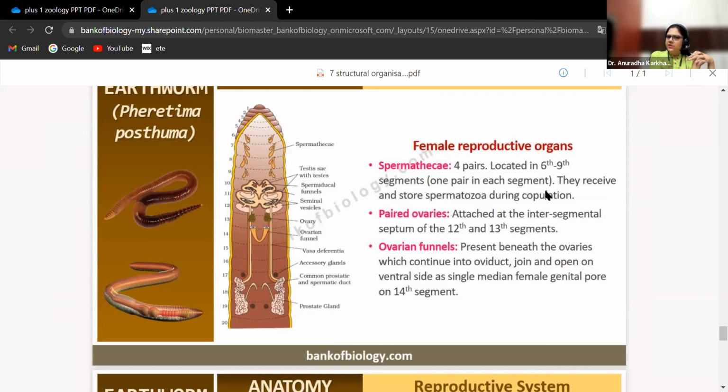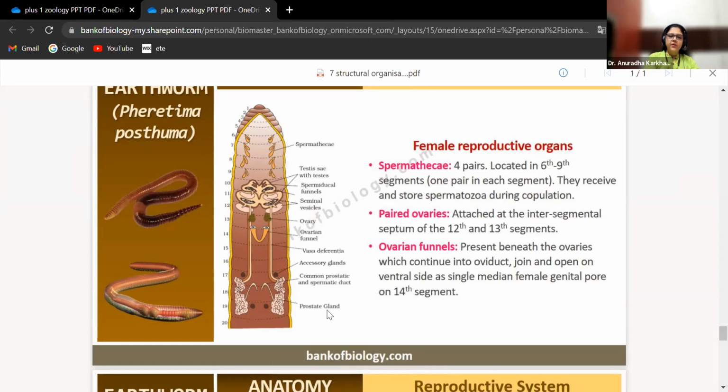Paired ovaries, just like human females, are attached to the intersegmental septum of the 12th and 13th segment. Ovarian funnels are present beneath the ovaries, which continue into the oviducts, join and open on the ventral side by a single median female genital pore. We know where it is present, the 14th segment.